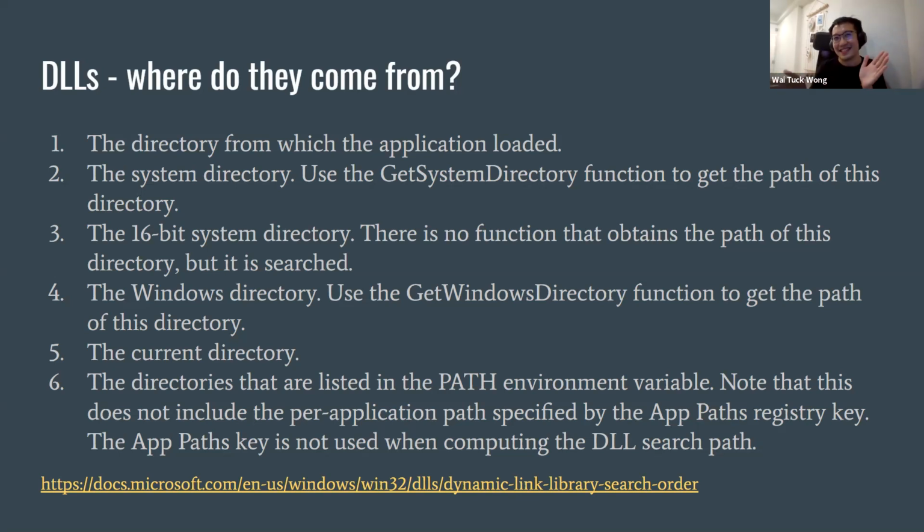And the 16-bit system directory in step 3 is system without 32. Of course, there is the 32-bit version of the system directory called SysWOW64, which is Windows on Windows 64. So fun fact, after looking through all the system directories, it will look through the Windows directory, which is C:\Windows, and then finally look at the current directory.